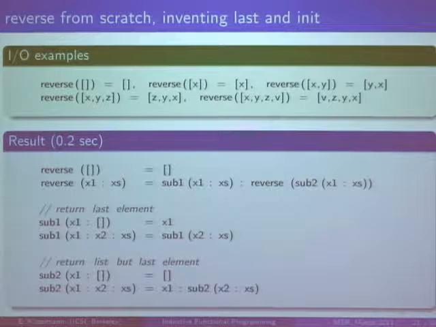It inferred some generalization of the examples, but this function didn't implement the reverse function, or at least not only the reverse function. With the full examples, it converges to this solution, and there is no other solution with the same cost or the same preference path. But if we cut this example, then there are a couple of different solutions, among them this solution, but also other solutions which do not compute the reverse function.